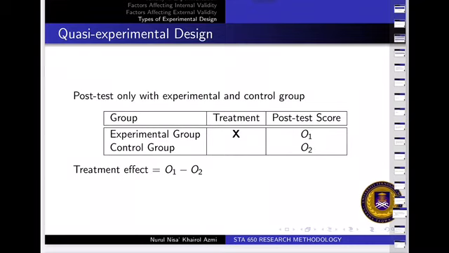So saya ambil markah group M dengan markah group T. So is there any difference or not? Treatment the experimental group and the control group. Control group maksudnya saya tak ada bagi extra coaching. Experimental group saya ada bagi extra coaching. So the treatment effect is equal to inilah, O1 minus O2.